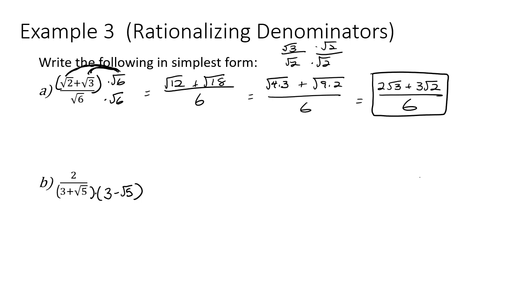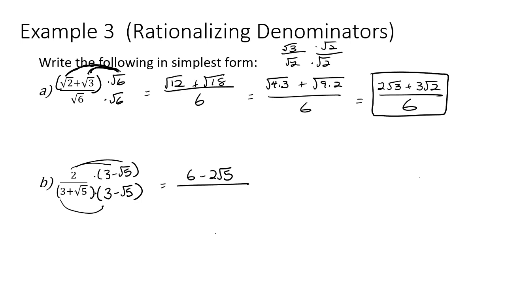And of course, whatever we multiply the bottom of the fraction by, we still need to multiply the numerator by the exact same thing, 3 minus the square root of 5. So in the top of the fraction, the 2 will distribute through. So we would get 6 minus 2 square roots of 5. And in the denominator, we would FOIL. I'm going to take a shortcut because I know I can ignore the middle terms.